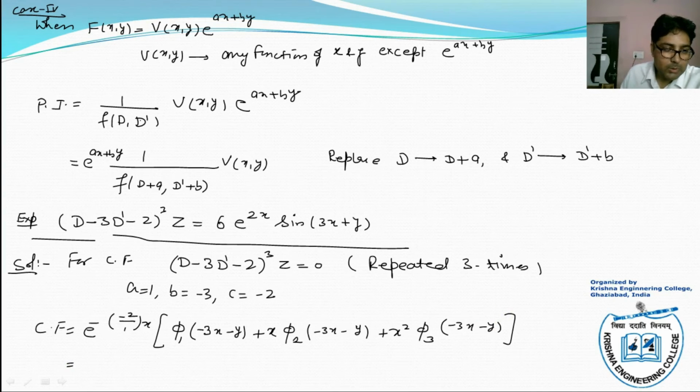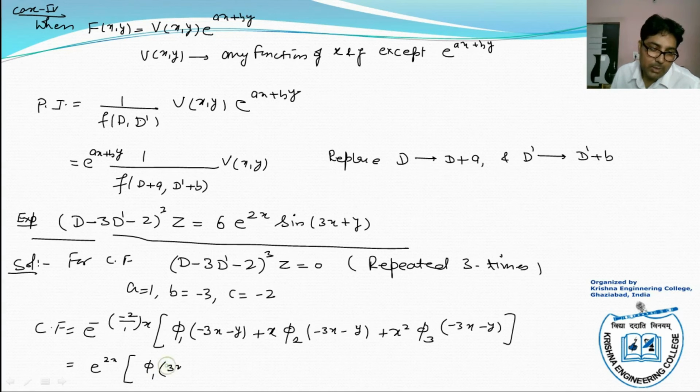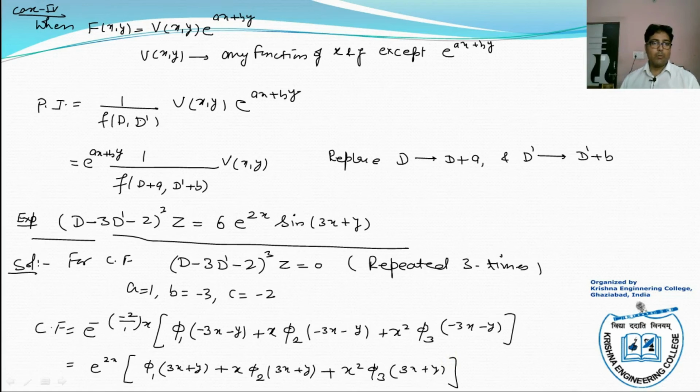So CF becomes e to the power 2x, clear? And phi 1 taken as an arbitrary function. So this becomes phi 1(3x plus y) plus x phi 2(3x plus y) plus x squared phi 3(3x plus y). Now we find the PI in the next page. Clear?